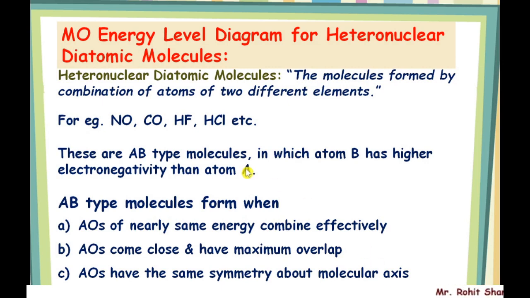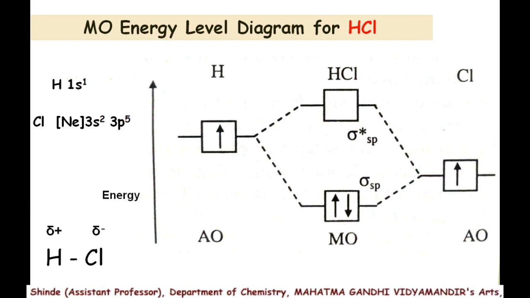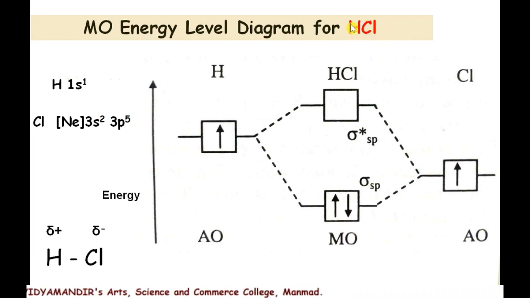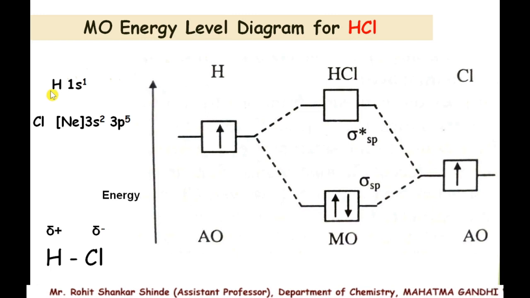Now let us begin the formation of the HCl molecule. Molecular orbital energy level diagram for the HCl molecule. The HCl molecule is a heteronuclear diatomic molecule, formed by combination of two different elements. HCl possesses one hydrogen and one chlorine, out of which chlorine is more electronegative than hydrogen.